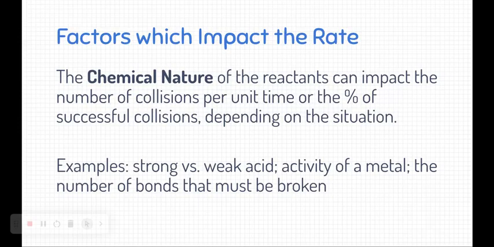In all these cases, we have to remember that we're keeping the reaction the same. We're just often changing the chemical identity of one of the reactants to cause a change in how the reaction might proceed, either increasing the percentage of successful collisions or changing the number of collisions per unit time.